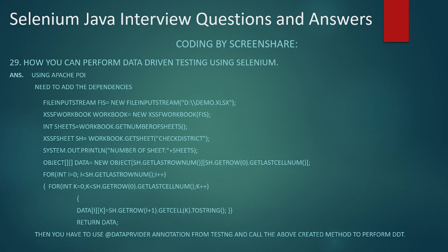Suppose from the web page we take a value and store it on your excel sheet, then FileOutputStream will be used. These are different classes. Here we are using FileInputStream as we are taking values from the excel sheet.